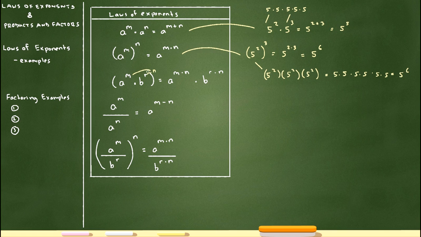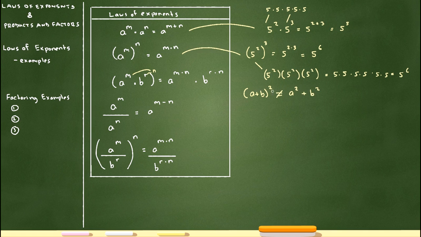Now, that doesn't work if this is an addition sign here. So you want to be very careful of the mistake. If you have a plus b, and suppose this was squared, this law does not say that you would go ahead and distribute the 2 to the a and then to the b.